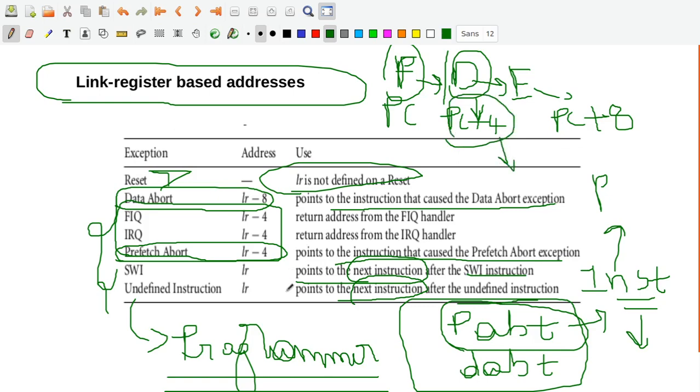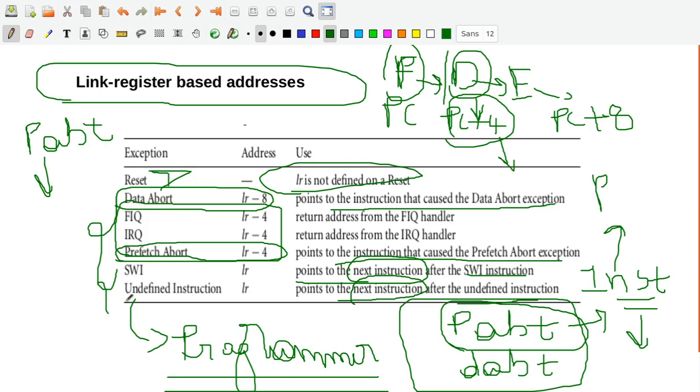Now when it wants to return, because the prefetch abort exception is thrown because of a particular instruction, it has to return to the same instruction. There is no point in going back to another instruction, because it happened because of that instruction. You return to it after executing the service routine for the prefetch abort exception.